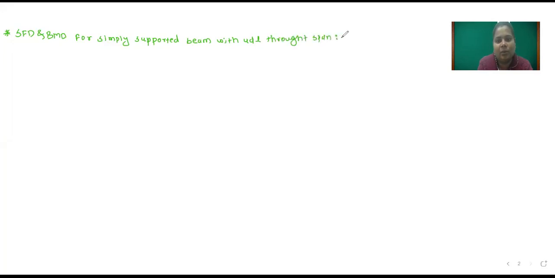That means a simply supported beam is given, and on that beam, uniformly distributed load is applied.